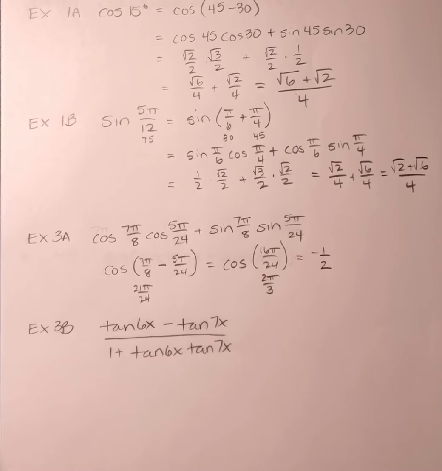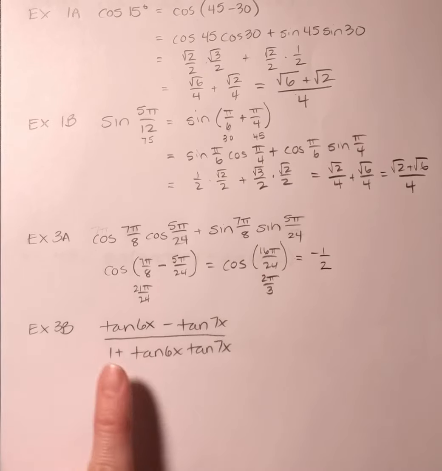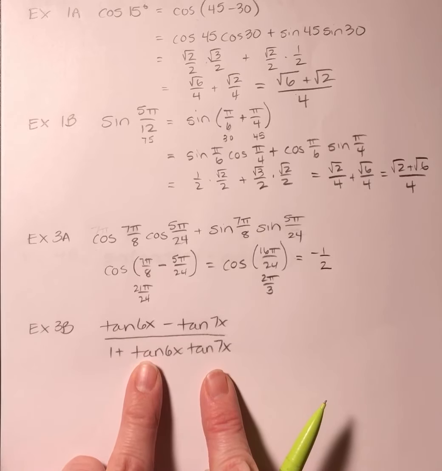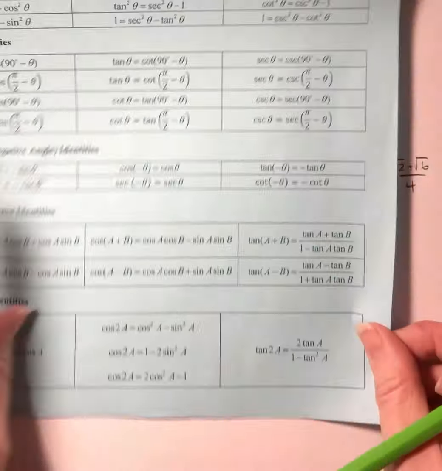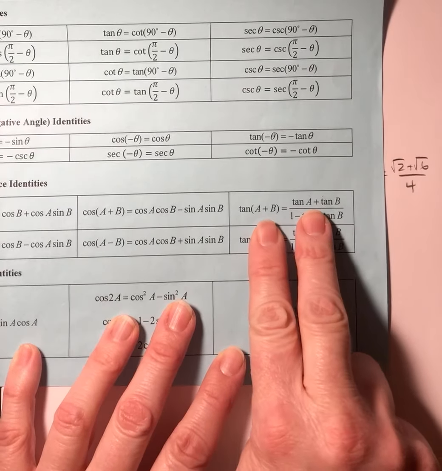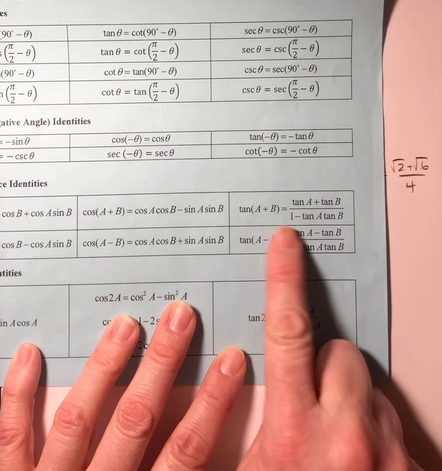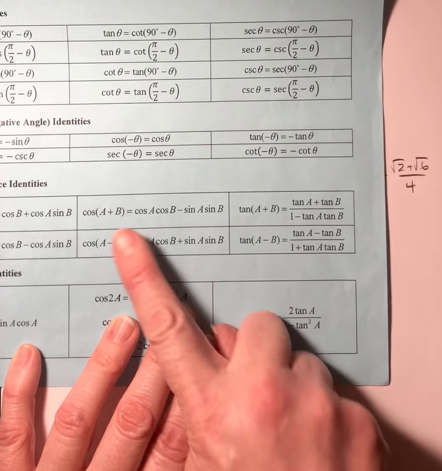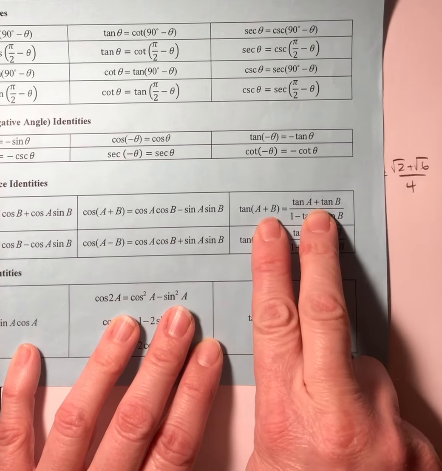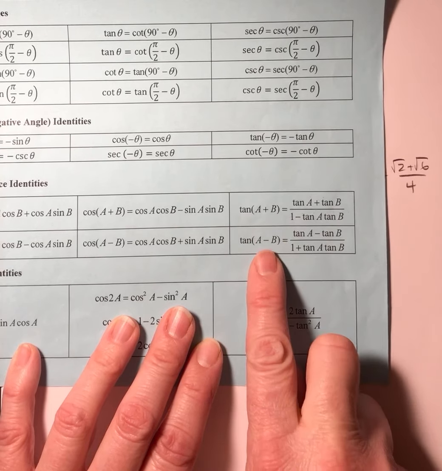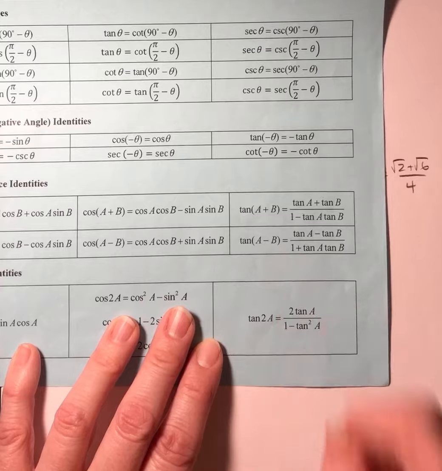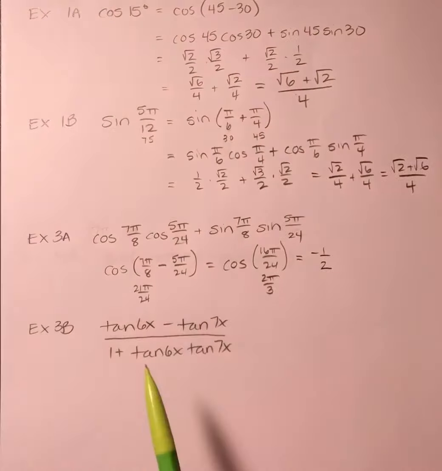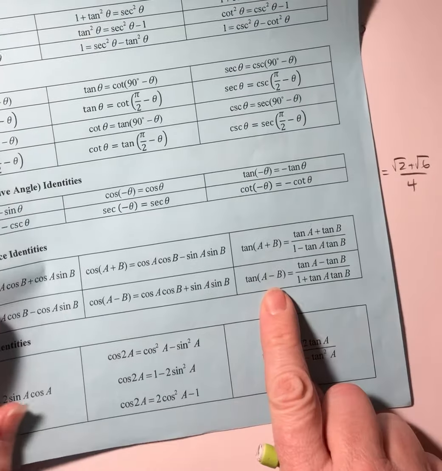Again, we're reverting back to chapter 4 where we have all of these that we're supposed to have memorized. And then example 3b, tangent's pretty easy to recognize. The tangent formula is just like the sine formula. The signs on the top are the same, and the signs on the bottom are like the cosine, opposite. So if it's plus on top, minus on the bottom. If it's tangent of a difference, it's minus on top and plus on the bottom. We are given a minus on top and a plus on the bottom, so that means it's tangent of a difference.